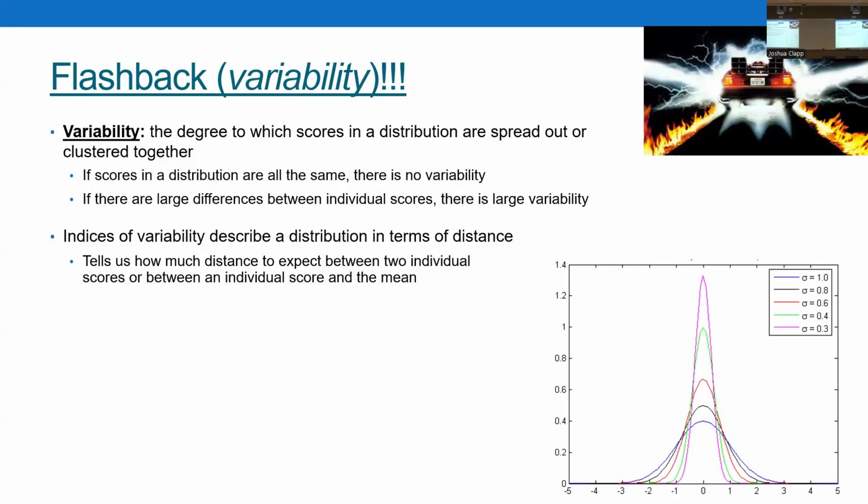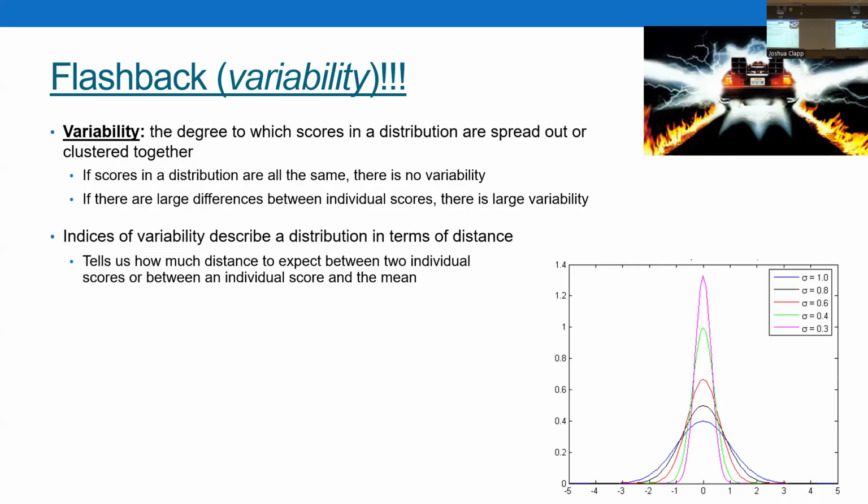And within a means-based analysis, someone tell me, what did we conceptualize variability as? Experimental condition is the only thing that determines my outcome. Everybody in a specific experimental condition should have the exact same score, right? If they don't, what do we call that, Catherine? Error, right. So in a means-based analysis, we think about variability as a measurement of error.